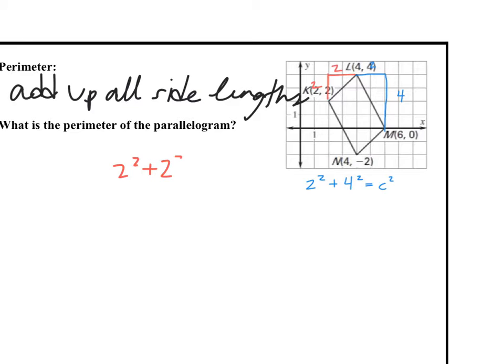So you have to do Pythagorean theorem twice. If you need a calculator, make sure you grab one. I think on one of them you're finding the square root of 20. On the other, you're finding the square root of 8.